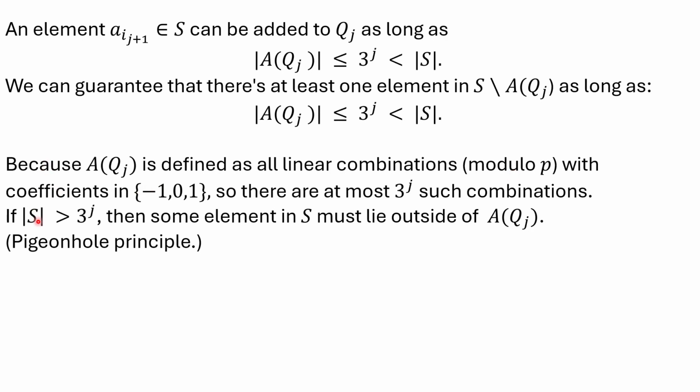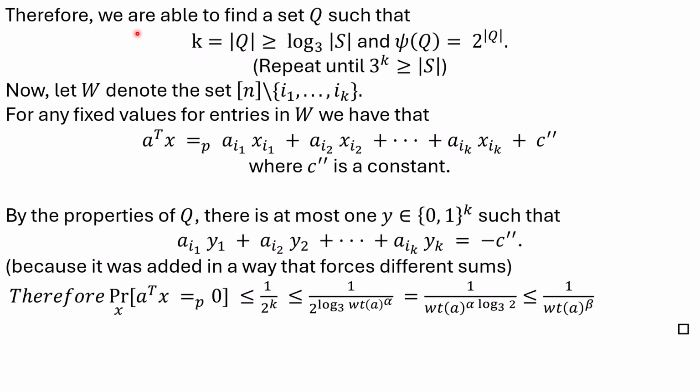If the size of S is greater than this, then some elements in S must lie outside of AQj. This uses the pigeonhole principle that we saw earlier. Therefore, we are able to find the set Q such that K is the size of Q and it's greater than log S, because we repeat this until 3 to the K is greater than the size of S.